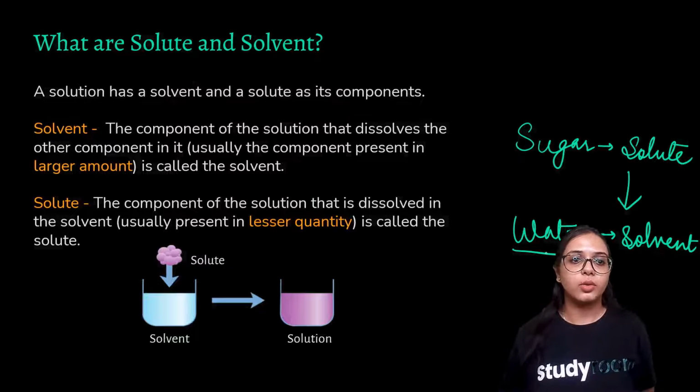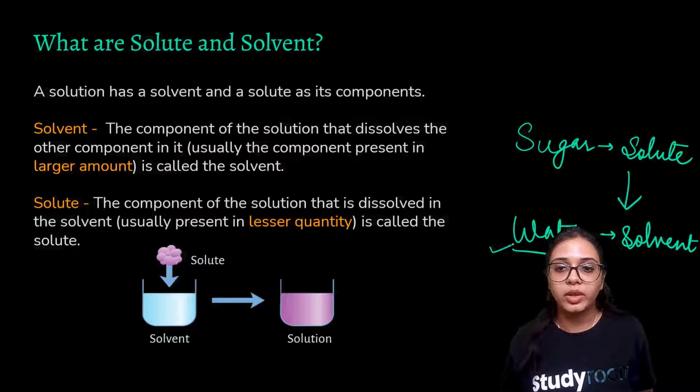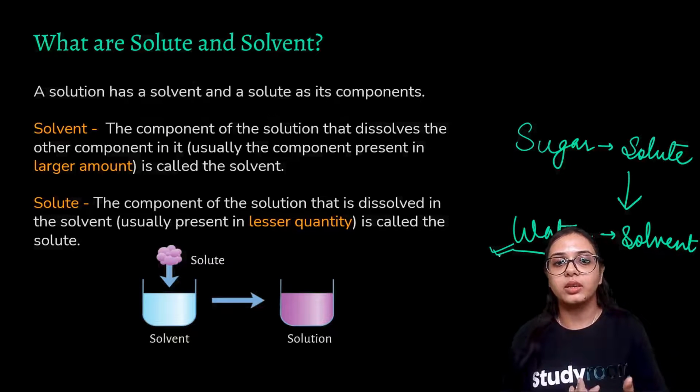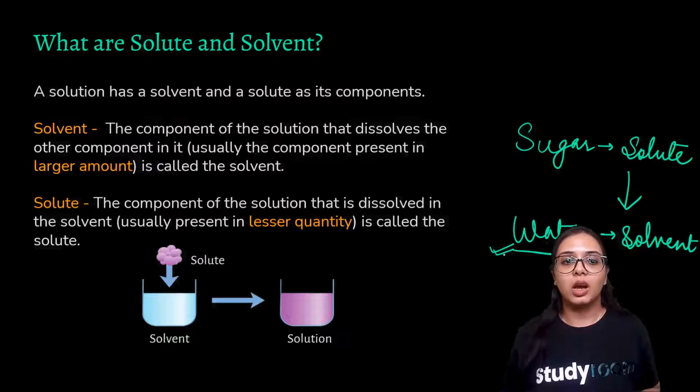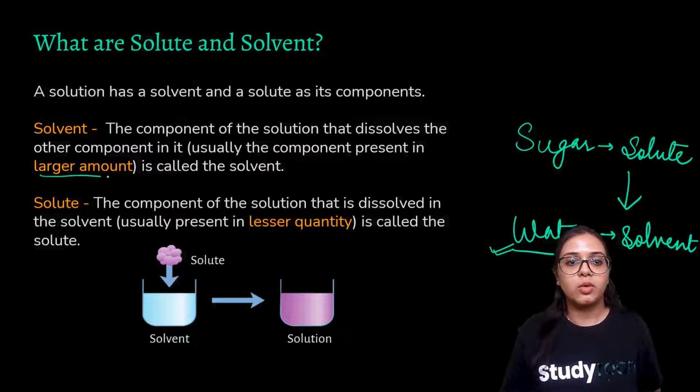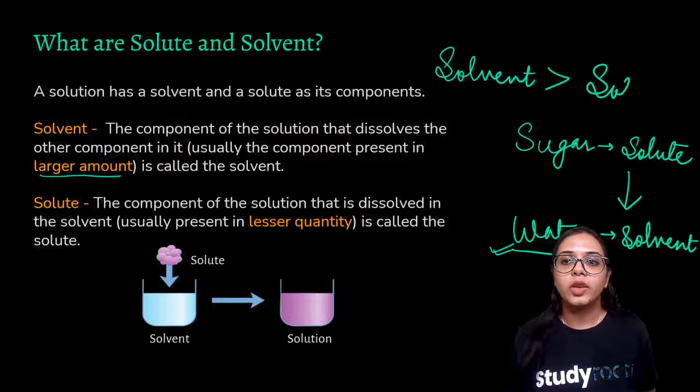So the solvent is the component of the solution that dissolves the other component in it, and it is usually the component present in the larger amount. Because water, for example, is dissolving something in it, it should be present in larger amount. So the amount of solvent in a particular solution is always larger than the amount of solute.